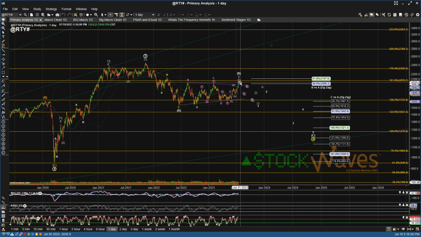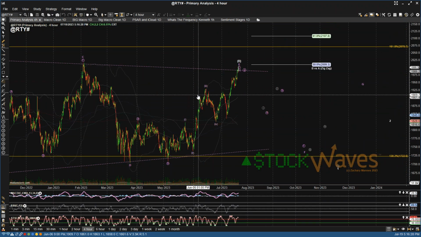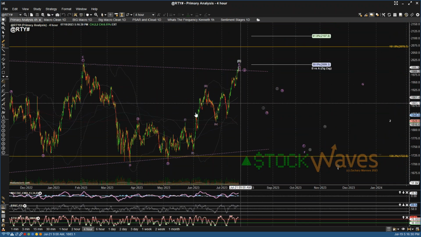The only thing, if it extends much higher, then maybe it's going to try and get further extension up to 2100. And instead of this being a pure triangle, this is an A, this is a wider flat for a B wave, and then this is the C wave for just an A, B, C flat for the same B wave. But other than that, this really looks like a very, very scary looking chart that is at risk of a pretty imminent top.